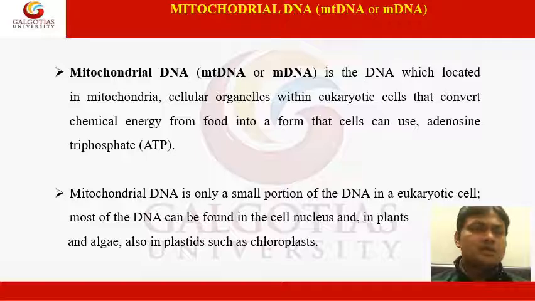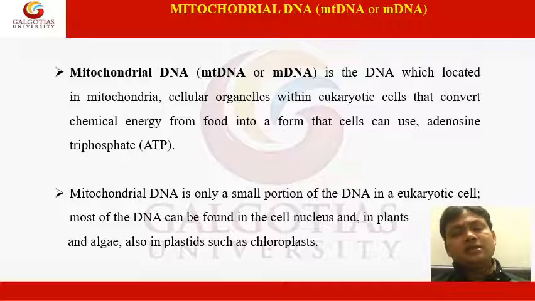You know that the mitochondria is a cellular organelle present in eukaryotic cells, and its function is to convert the chemical energy from food into a form which can be utilized by the cells for their purposes. This energy is generally known as ATP, adenosine triphosphate.